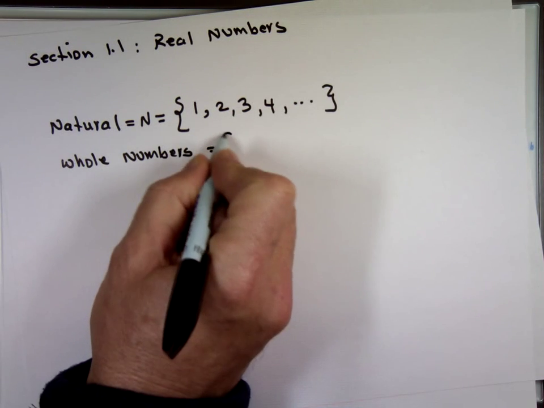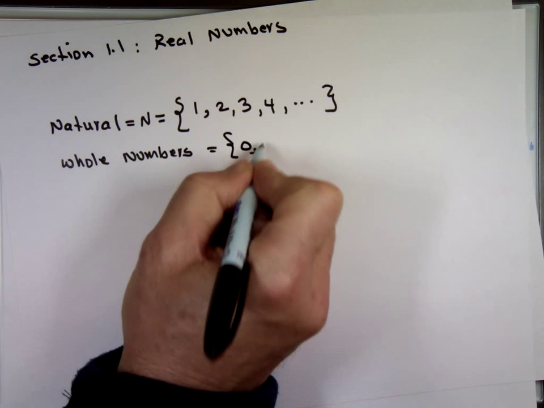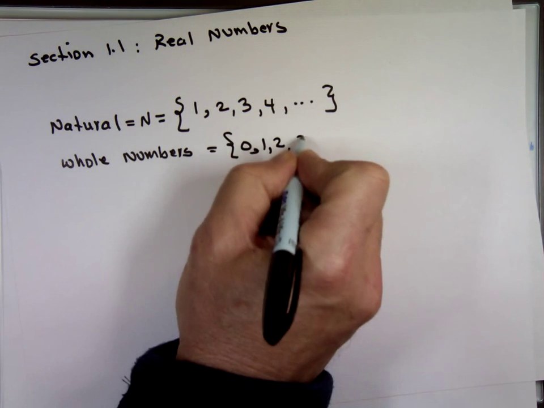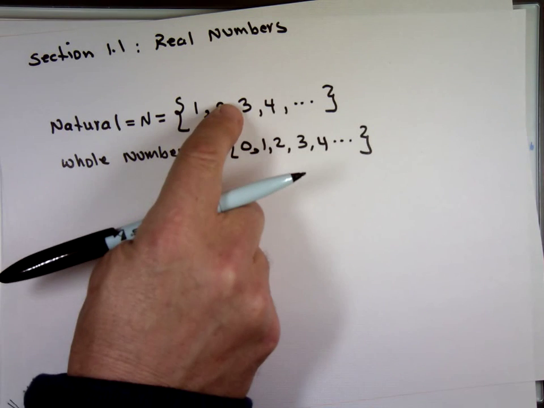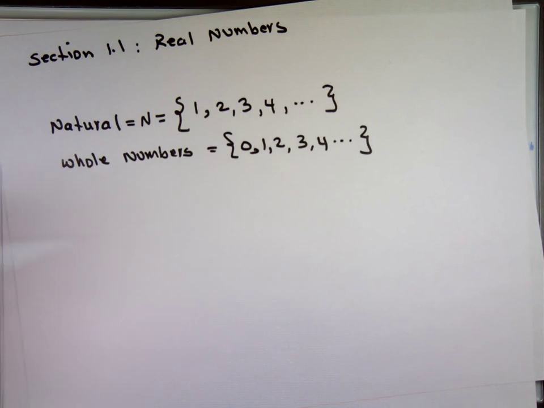Whole numbers are 0, 1, 2, 3, 4, and keep going. So it's really this set, except add the 0 to it, and that's what we call whole numbers. Next set, what about if you add negative numbers?